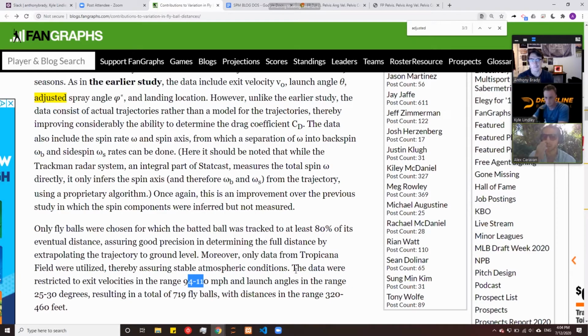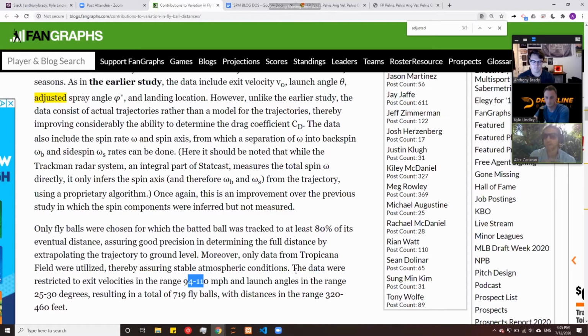Just another segue back to the overfitting: because he didn't apply some sort of machine learning algorithm, that's where overfitting could be more at risk. He's using physics, for lack of a better term, to assign all these values, like backspin, side spin, adjusted spray angle.